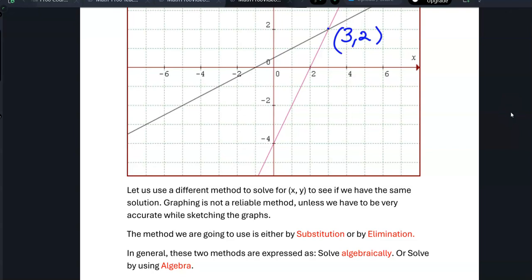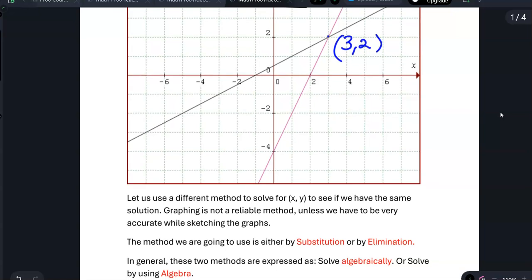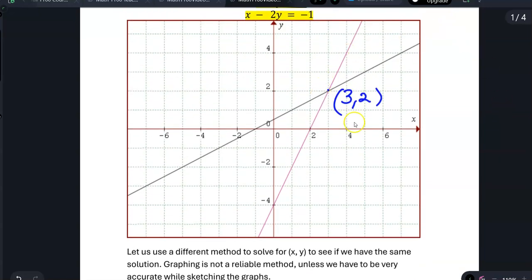For these two equations, I will use the same two and solve for x and y, but I will apply algebra to do so. In the end, we should end up with the same solution, x equal to 3, y equal to 2. And we are going to check to see if this point stays true for both graphs.